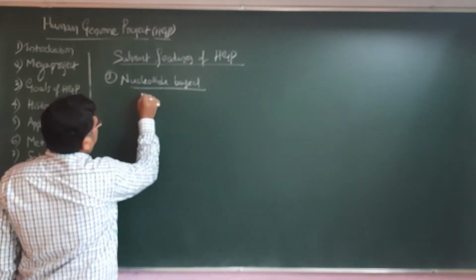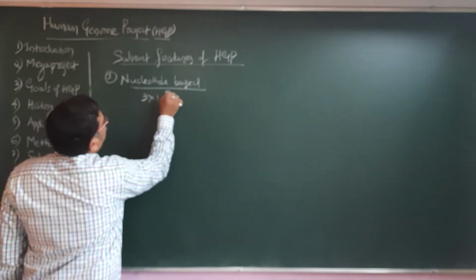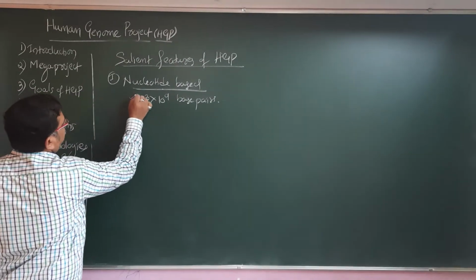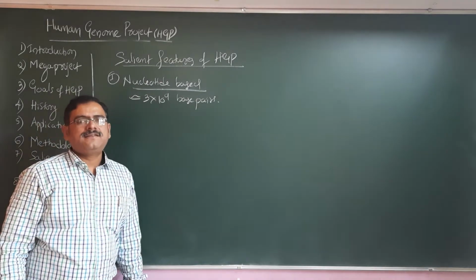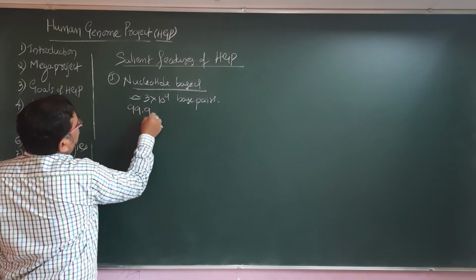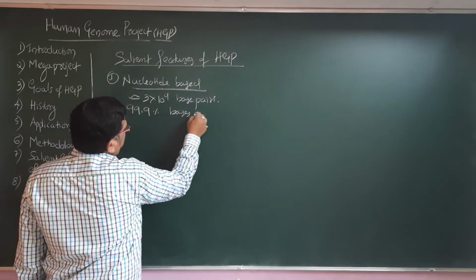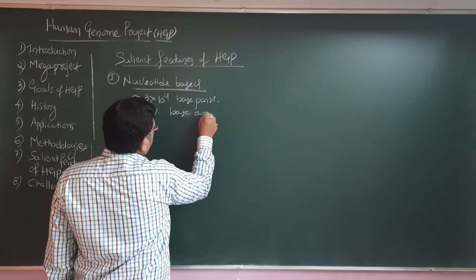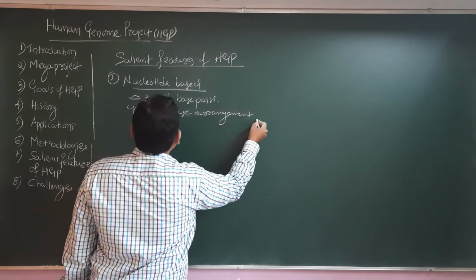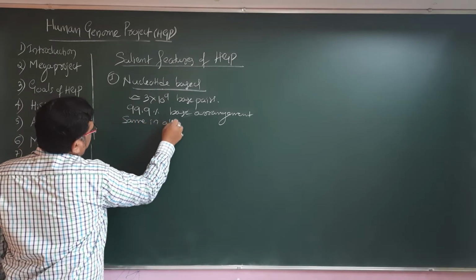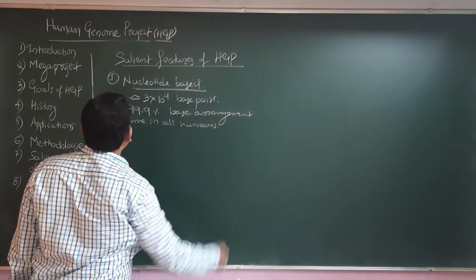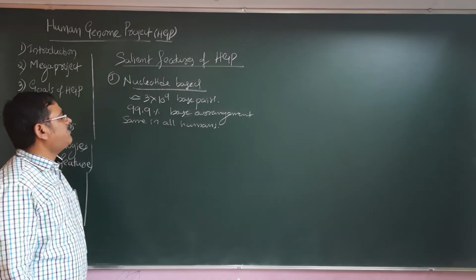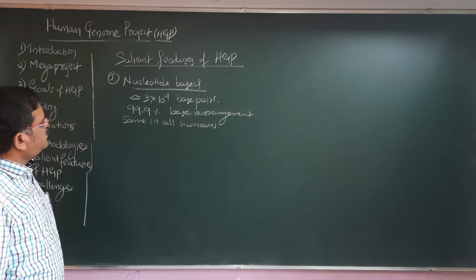Approximately 3 into 10 raised to 9 base pairs, a huge number of nucleotides. And 99.9% of the bases, or base arrangement, are the same in all humans. So nucleotide bases are 3 into 10 raised to 9 base pairs, and 99.9% of bases are arranged the same in all humans.